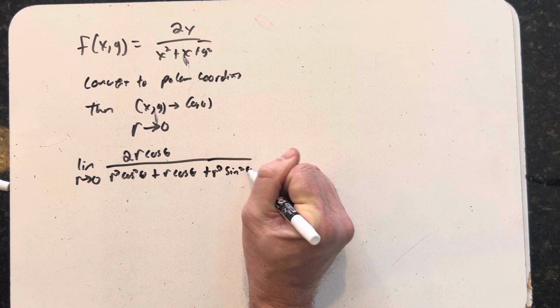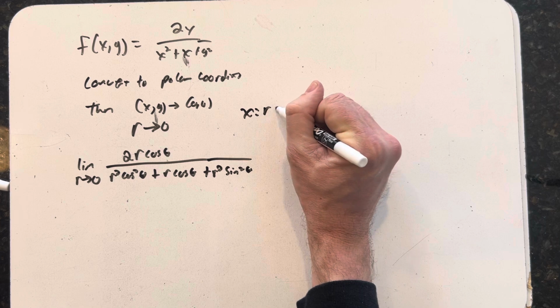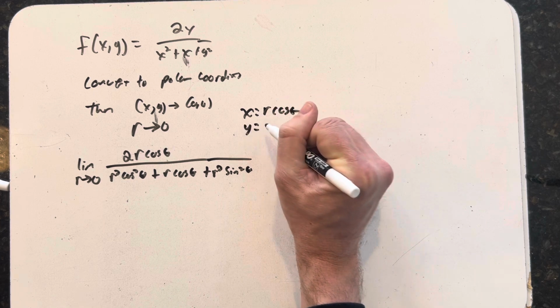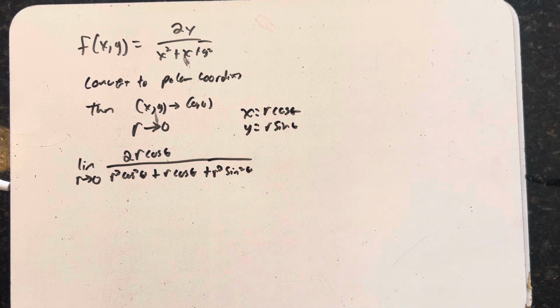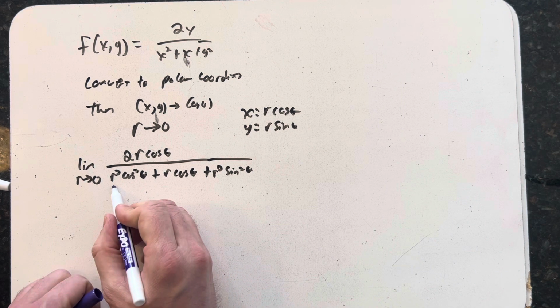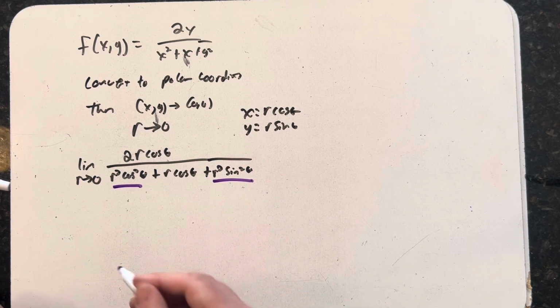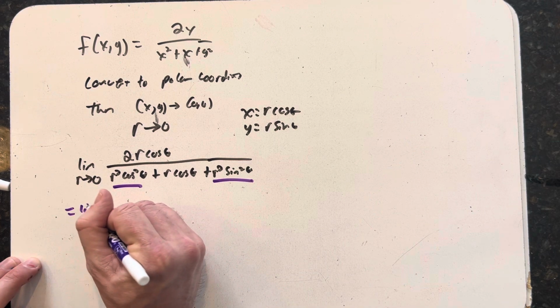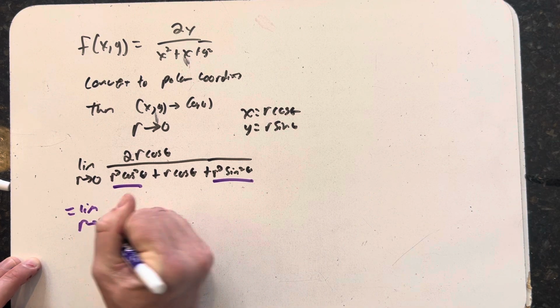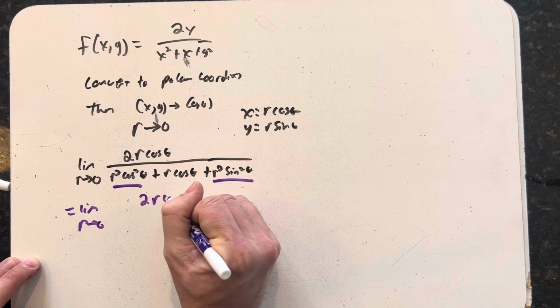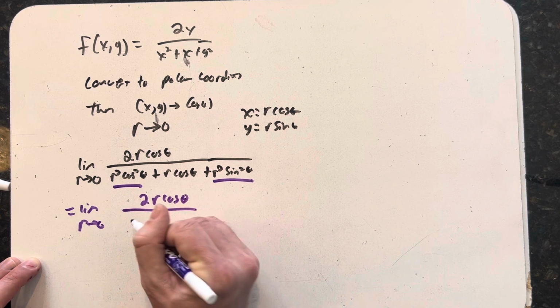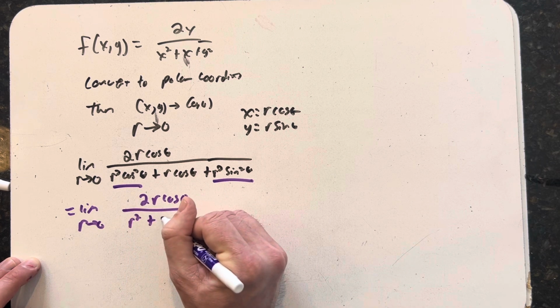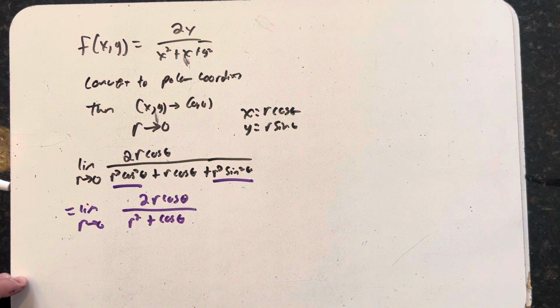All right, remembering that in polar coordinates, x is equal to r cosine theta and y is equal to r sine theta. Just plugging those in where they go, on the bottom of this fraction I see r squared cosine squared plus r squared sine squared, and through a Pythagorean identity, I know that's just the same thing as r squared. So here I have r squared plus r cosine theta.